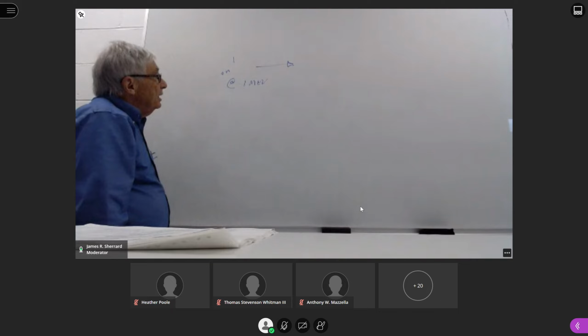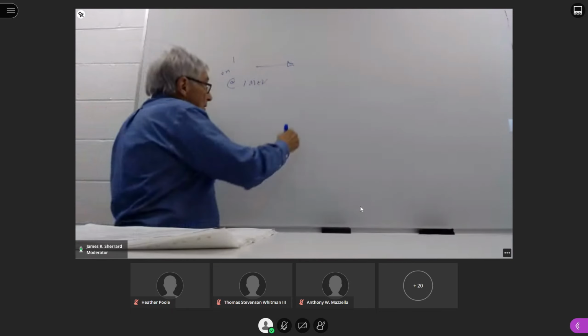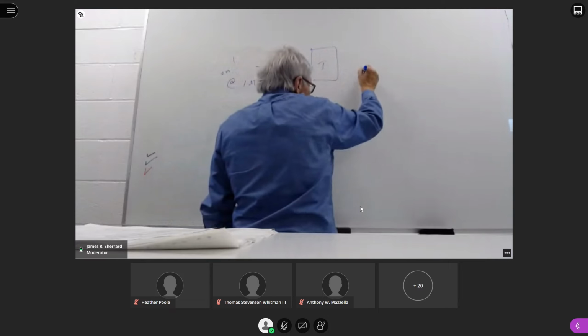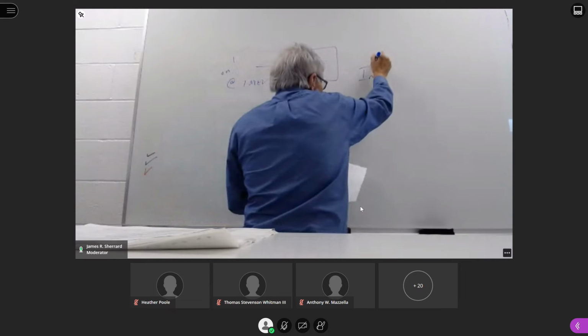We have a 1 MeV neutron that strikes our target, and our target is indium-115.